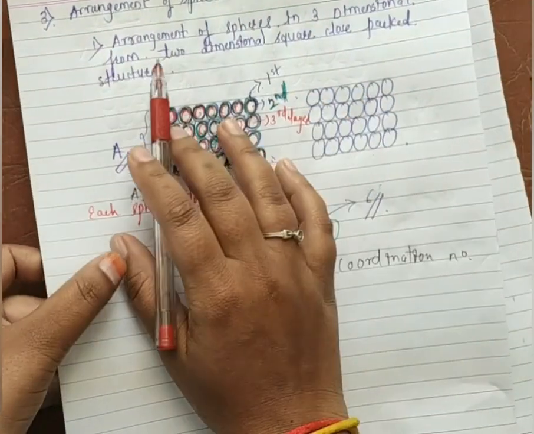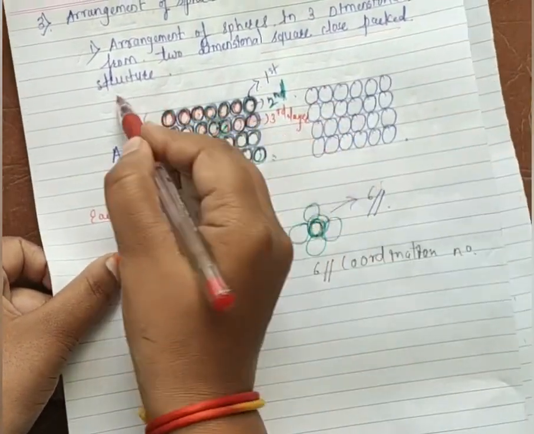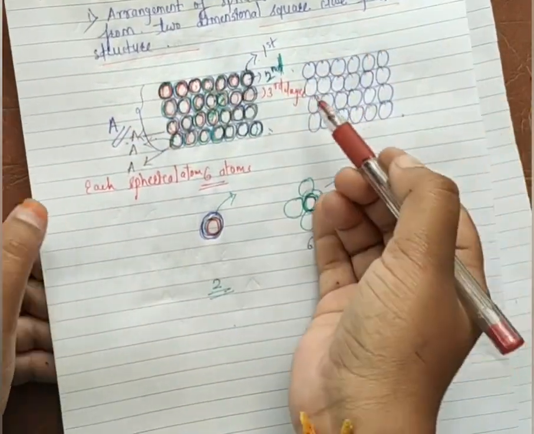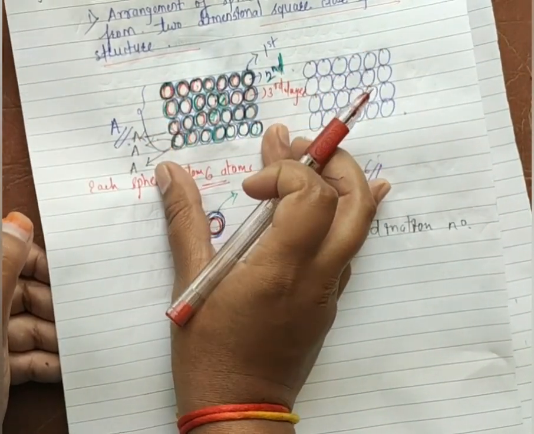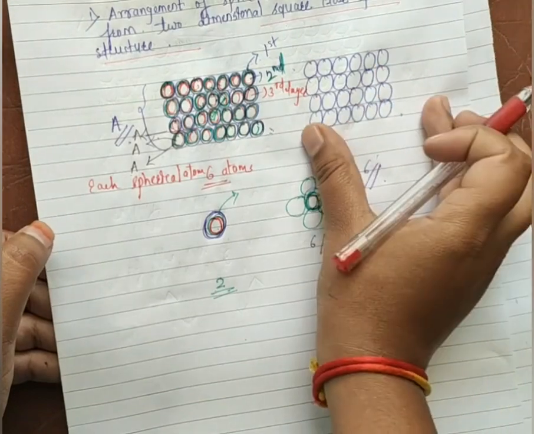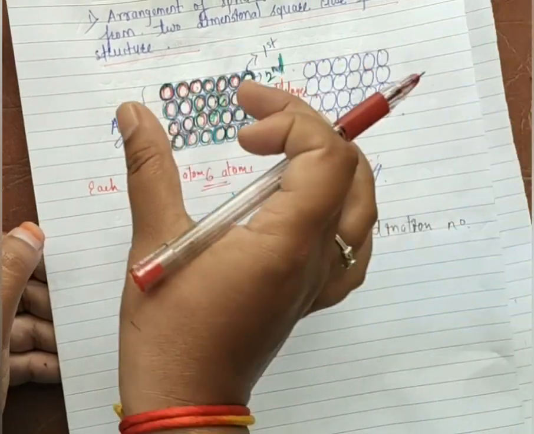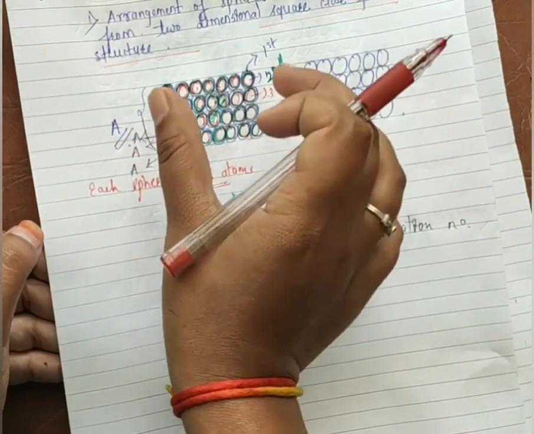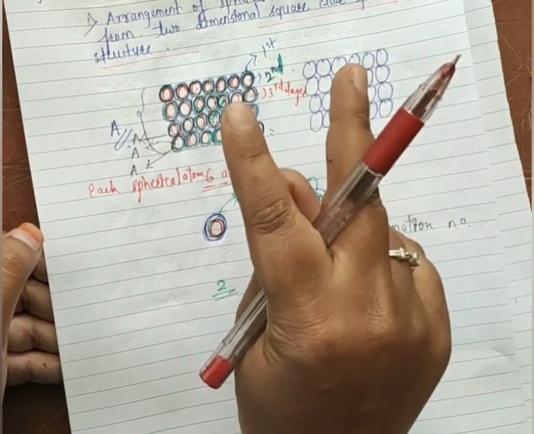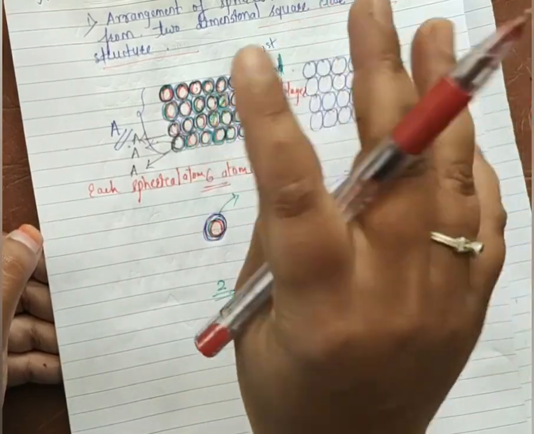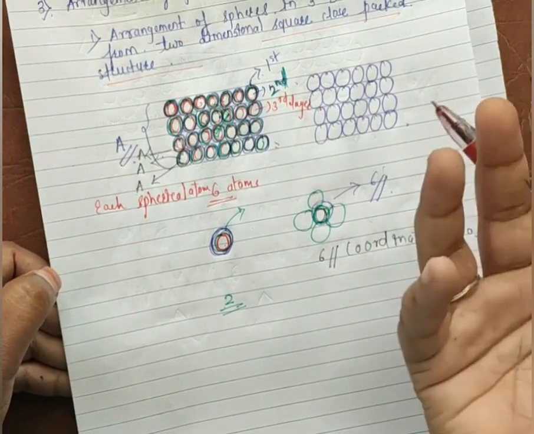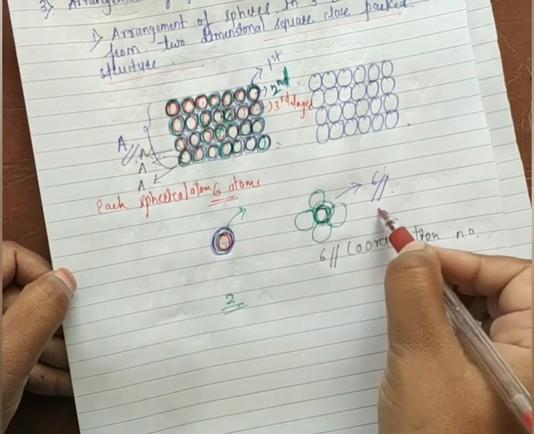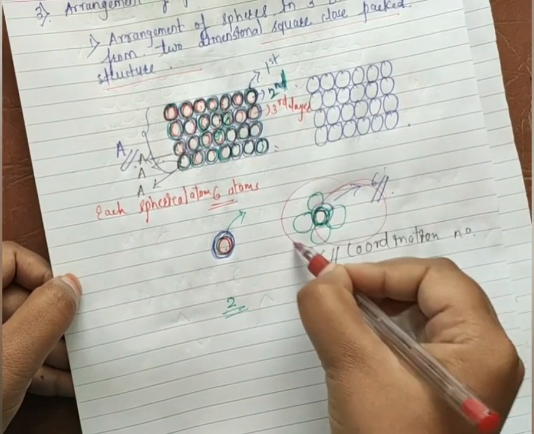In the first case, in the square close packed structure, you take the first layer and place the second layer exactly above the first layer. After that, both layers align horizontally and vertically. So you have to understand that each atom will remain in contact with 6 atoms.